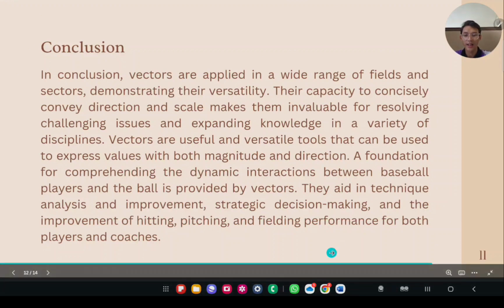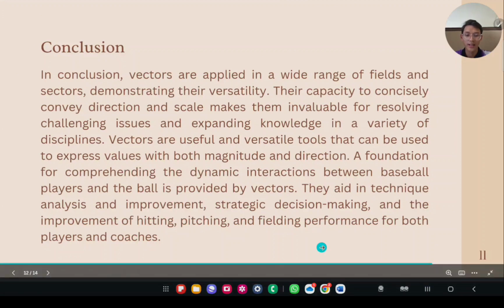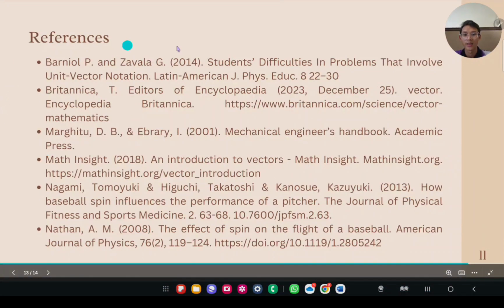They aid in technique analysis and improvement, strategic decision making, and the improvement of hitting, pitching, and fielding performance for both players and coaches.